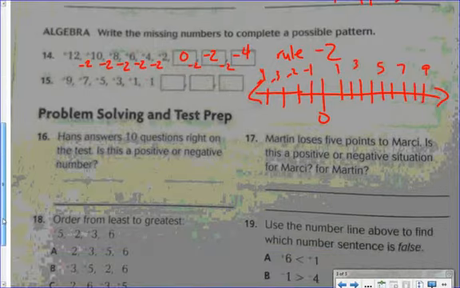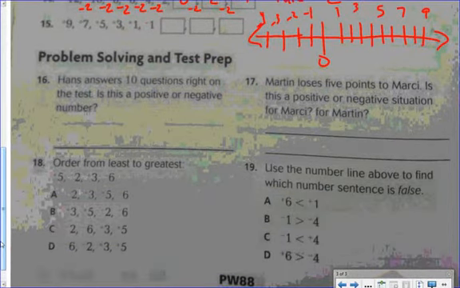All right, let's see. Hans answers 10 questions right on the test. Is this a positive or a negative number? If he answers 10 questions right on the test, that means he gets 10 points, which is a positive 10. And Martin loses 5 points to Marcy, just like Giselle lost her money to Miss Fernley.